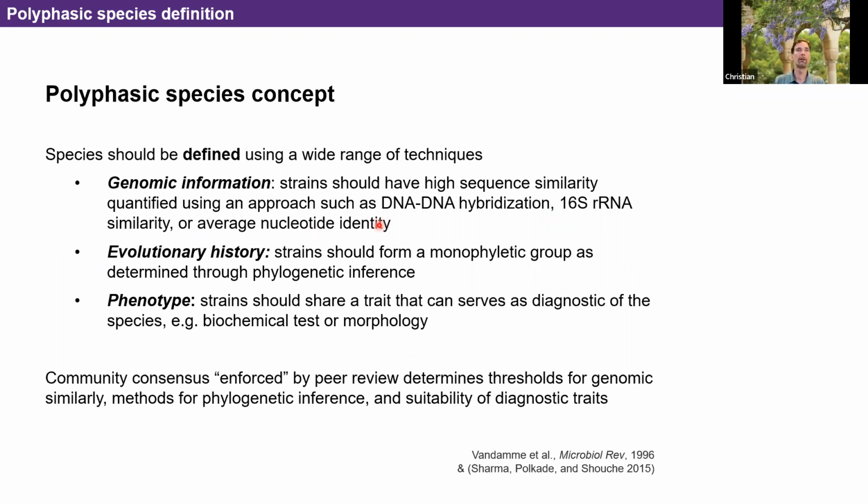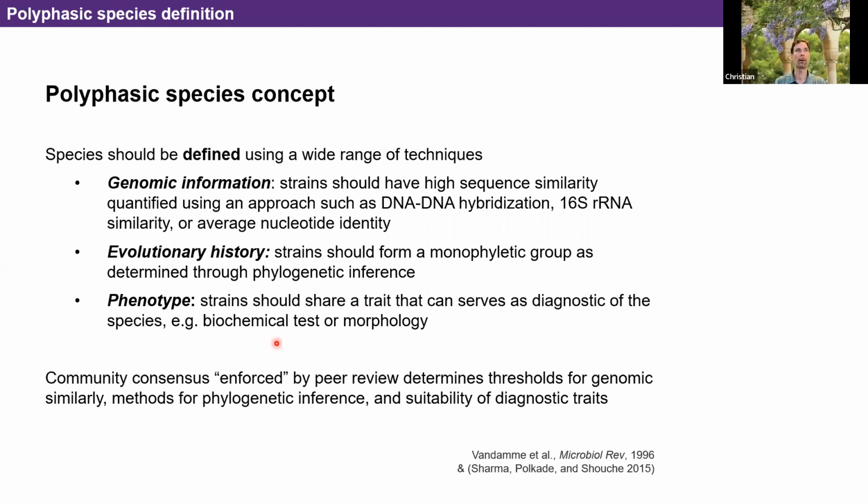Now, we should also look into the evolutionary history, because strains should form a monophyletic group, and that is determined by phylogenetic inference, calculating a phylogenetic tree. Then the third one, I would say, is a good addition to have: the phenotype information. Strains ideally share a trait that can serve as a diagnostic of the species.